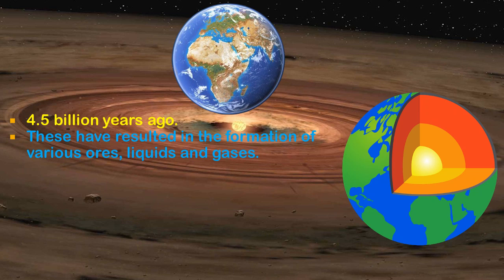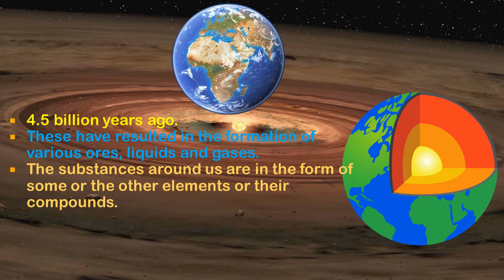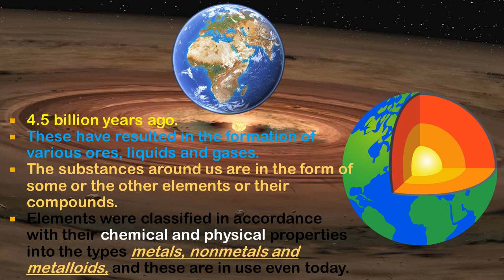All right, and the substances around us are in the form of some or other elements or their compounds. In the beginning, elements were classified in accordance with their chemical and physical properties into types like metals, non-metals and metalloids, and these are in use even today.